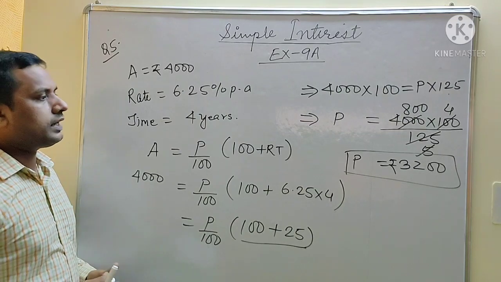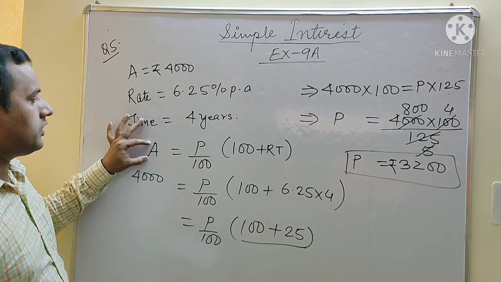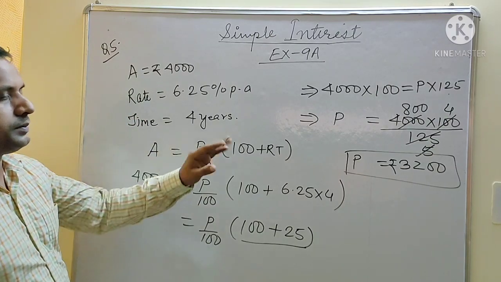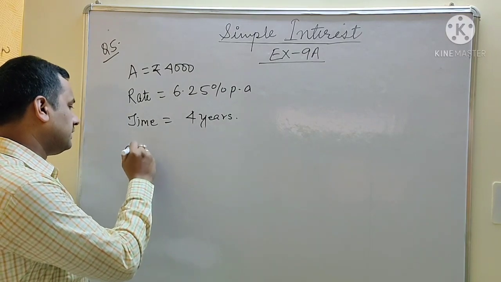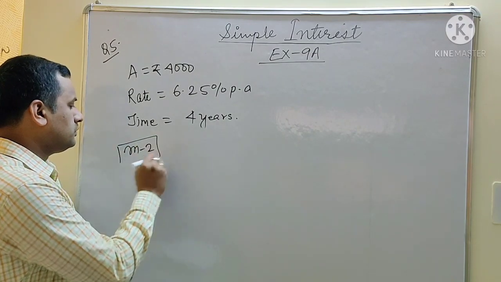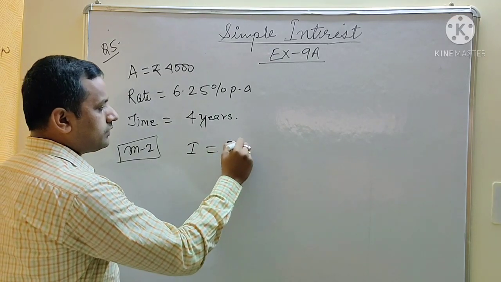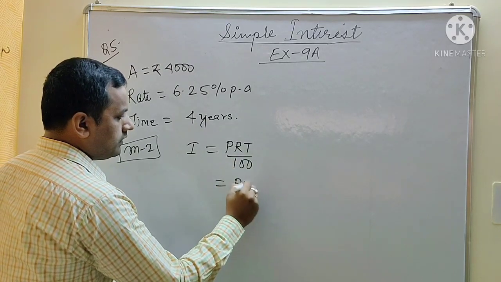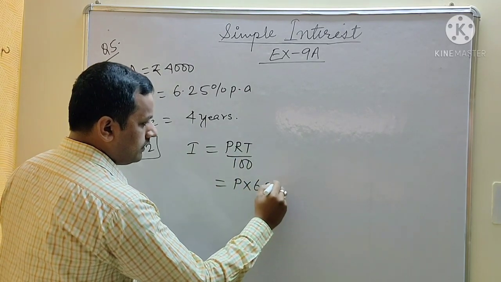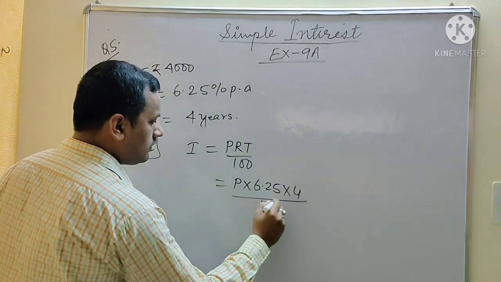So in this question you can see that using this formula, using this relation, we can directly find the principal. In the same question we can solve with the second method, that is method number 2, where we will first find out I. As we know, I equal to PRT by 100. P is not given, rate is given 6.25 into 4 upon 100.